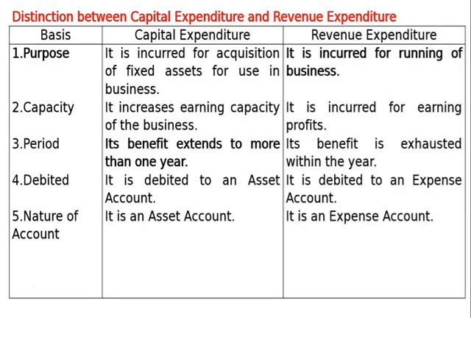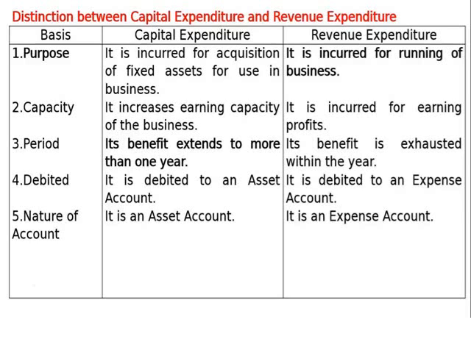Here is the distinction between capital expenditure and revenue expenditure. Number one is purpose. Capital expenditure is incurred for acquisition of fixed assets for use in business. Like for the purchase of assets we do capital expenditure.